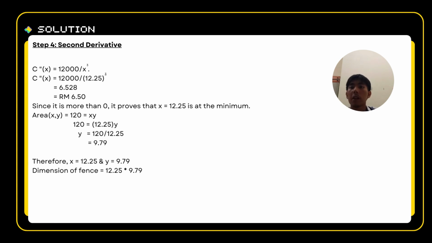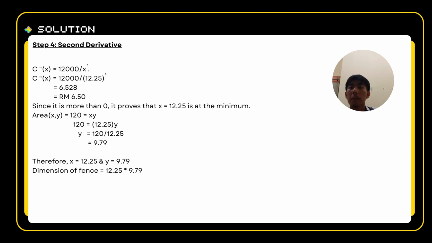So to find the y, we will substitute the value of x, 12.25, into the area formula. 120 equals xy. Substitute x into the function. 120 equals 12.25 times y. Y equals 120 divided by 12.25 equals 9.79.